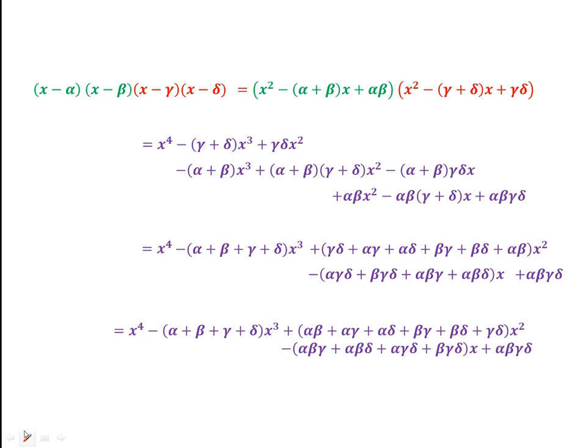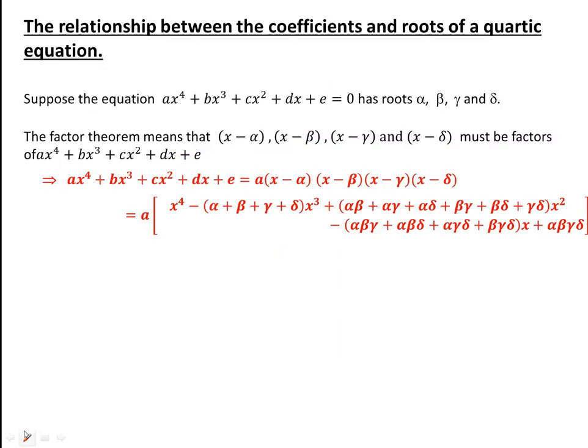So, reverting to our previous page then, we've now inserted our expansion for (x minus alpha)(x minus beta)(x minus gamma)(x minus delta).